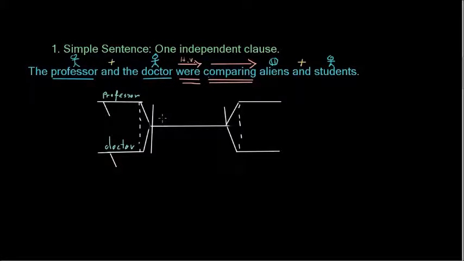And they were comparing, we put both verbs together, aliens, direct object, and the direct object is students. It's a direct object because we have action verbs, action verb comparing.